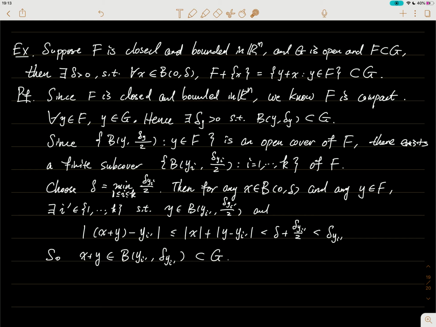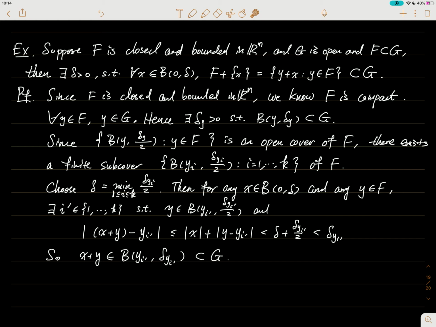Now, for every y in F, y is also in G, since F is contained in G. And G being open means that there exists some ball with radius delta_y such that the entire ball is inside G. So for every point y in F, I can find this ball in G. If I collect all those balls with just half of the radius, it doesn't matter why I choose half, because it's still a positive number, greater than 0, so it's still a ball centered at y.